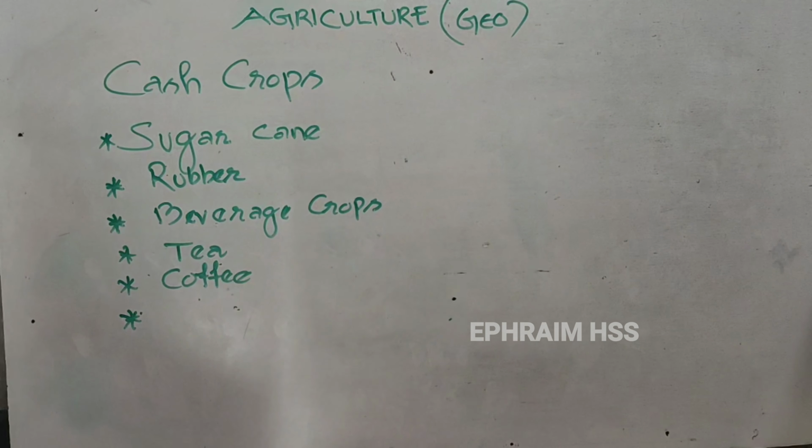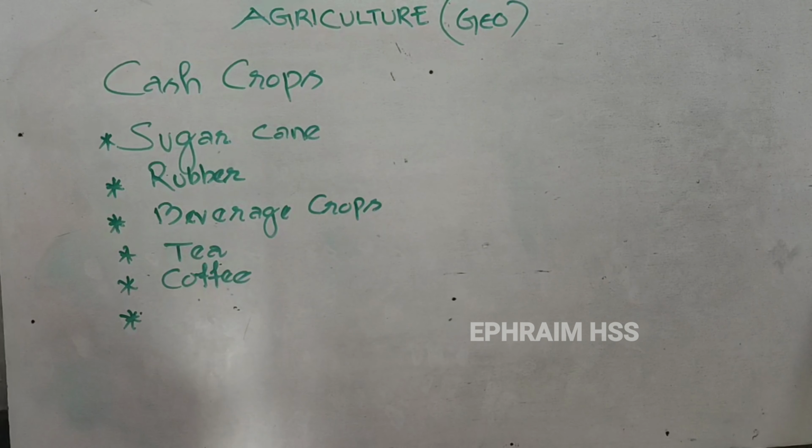UP, Maharashtra, Karnataka, etc. are the states where sugarcane is grown. Rubber, it is the coagulated sticky milk or latex of a rubber tree. The plant is grown in large estates and requires a warm and moist climate with temperature ranging between 21 degrees Celsius to 35 degrees Celsius, and the amount of rainfall is between 200 to 300 centimeters, and it requires rich, deep and well drained alluvial soil.